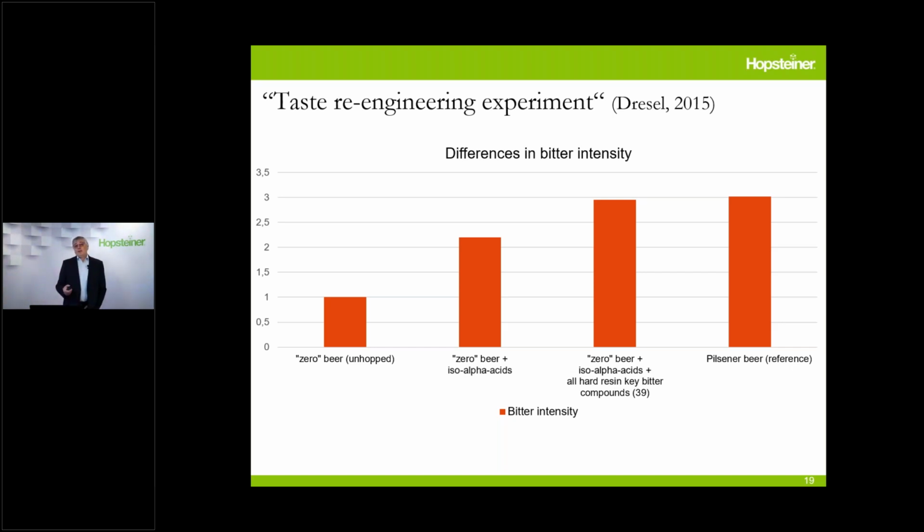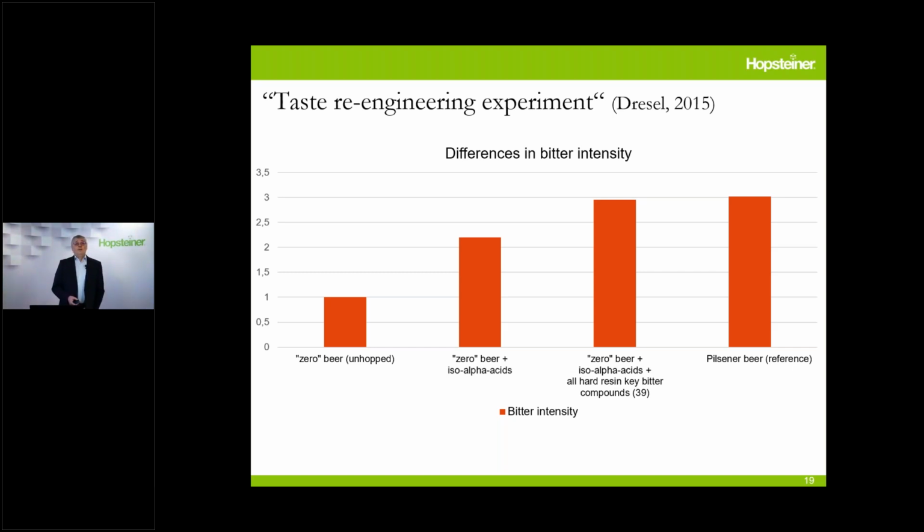So he could determine the concentration of each individual compound. And from the same brew, he had a zero beer that was not hopped. And of course, the bitterness intensity of the zero beer is very low as compared to the reference beer. And then he spiked the zero beer with the iso-alpha acids concentration present in the Pilsner beer.